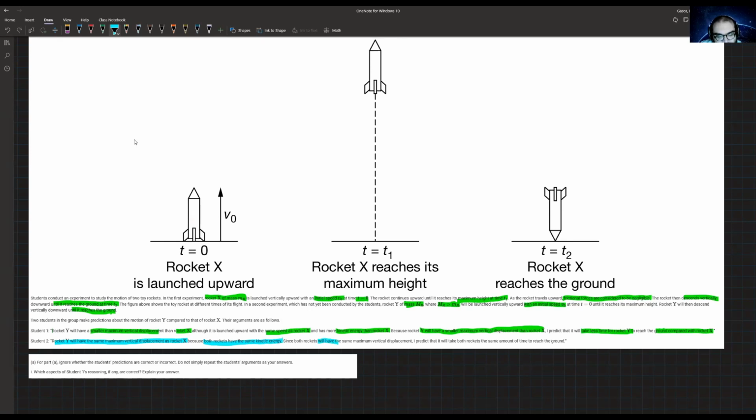Since both rockets have the same vertical displacement, I predict that it will take both rockets the same amount of time to reach the ground.